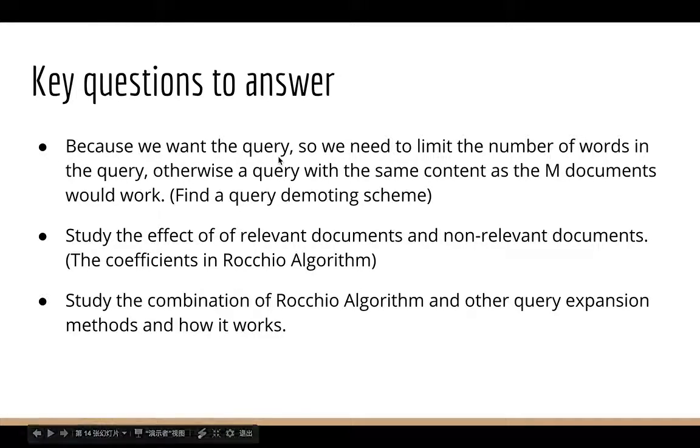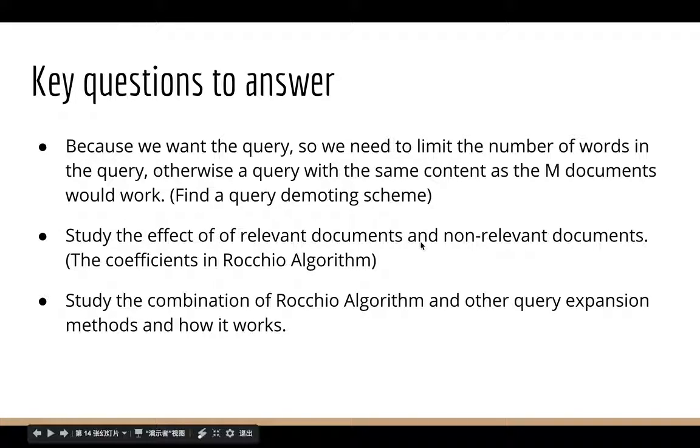Because we want to limit the number of words in the query. Otherwise, using the vector space representation, a query with exactly the same content as the M document would work. If we put in a query that has exactly the same content as the M document, of course, it will give us the M document as the top ranked document, but we do not want that.